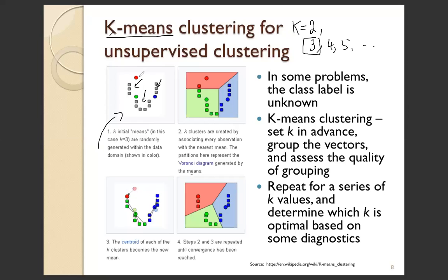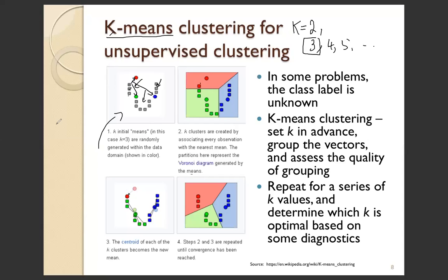It will then randomly find 3 starting points. These 3 random points can have their own labels. You can take a label of red, green, and blue in this case. After that, you will find the distance of each of these points.